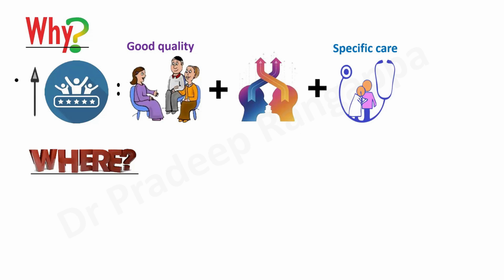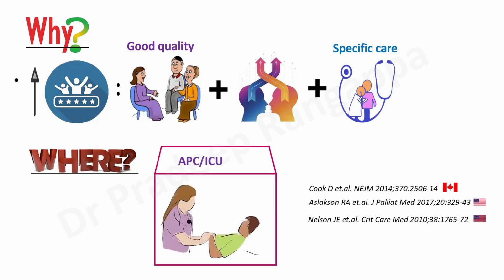Do we provide palliative care in a separate area or in the ICU? There are three studies showing that palliative care can be provided in a separate palliative care area or center. But ideally, the modern view is the ICU. For ICU patients, it is desirable that palliative care is provided within the ICU, because they have certain symptoms that need to be relieved.